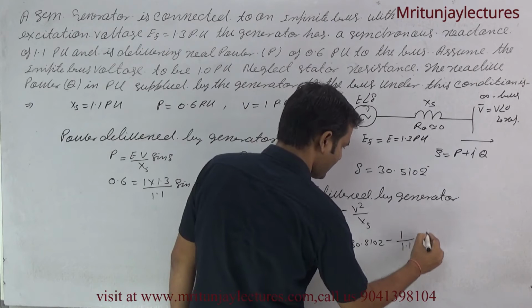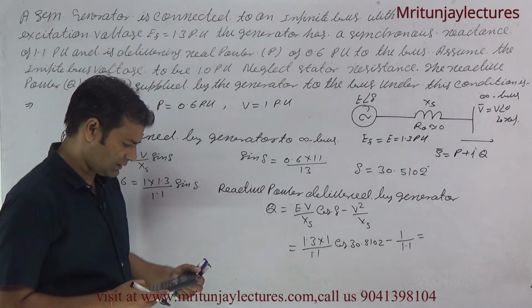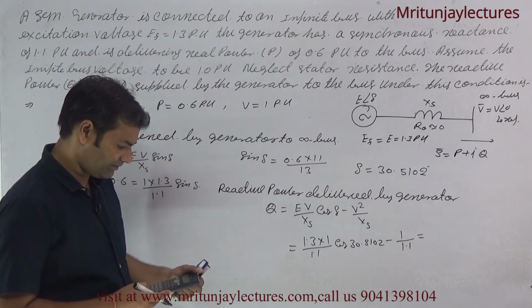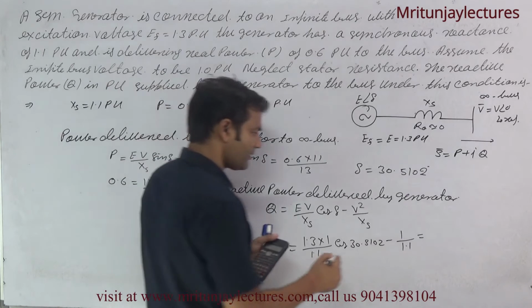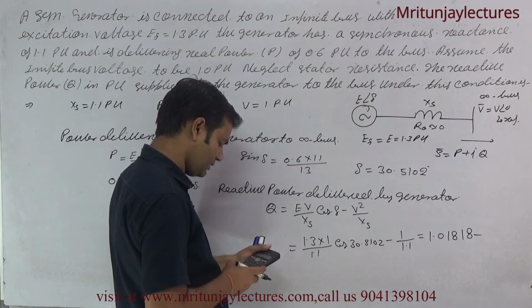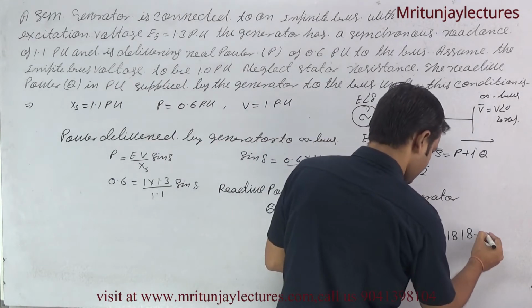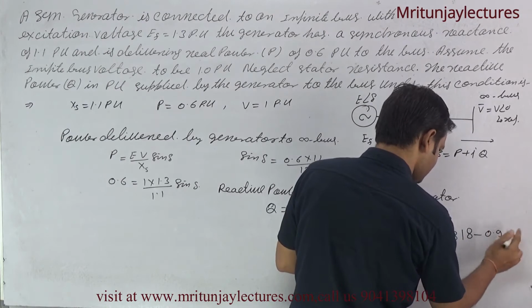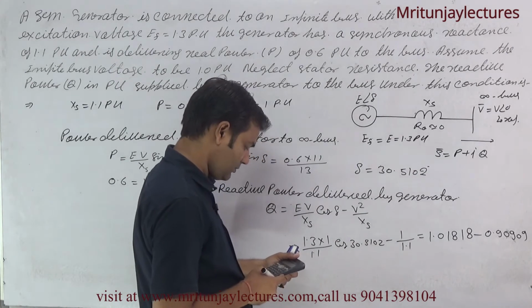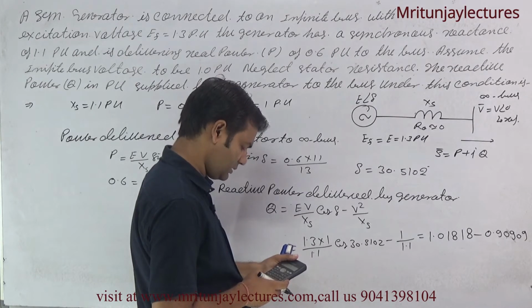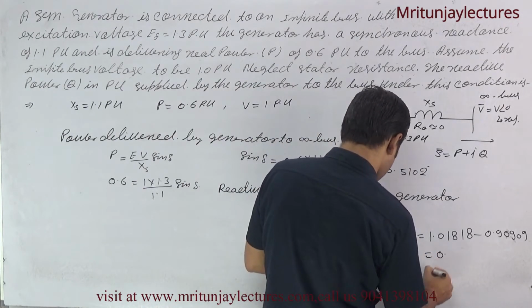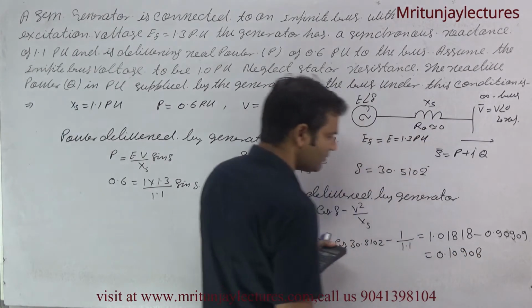Okay, now cos of 30.5102 into 1.3 divided by 1.1, that is 1.01818, minus 1 divided by 1.1, that is 0.0909. Subtracting, finally we got 0.10908 pu.